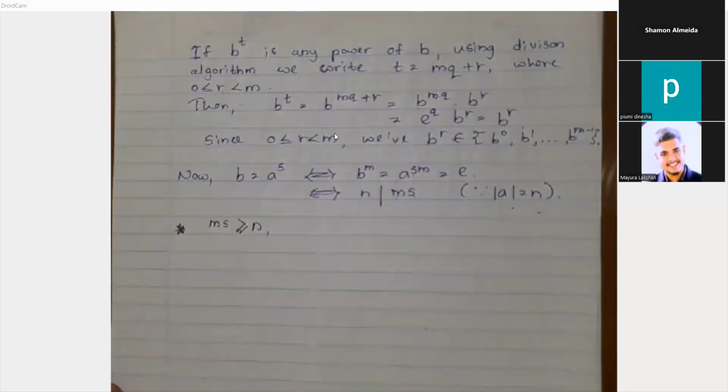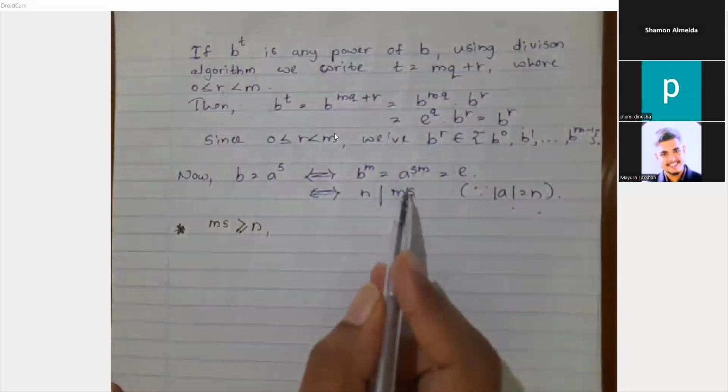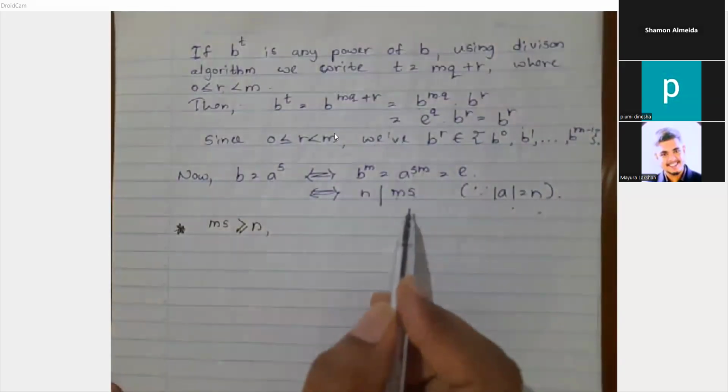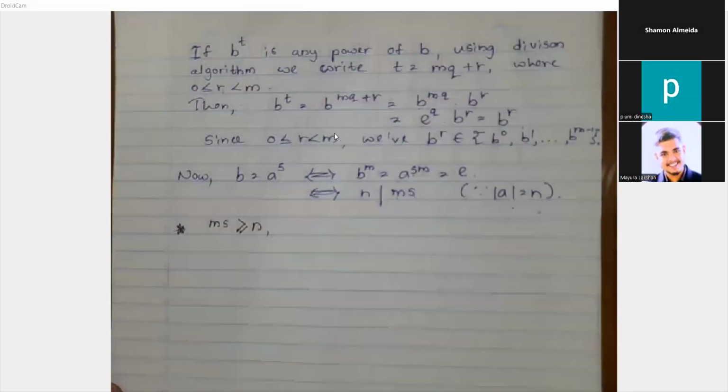Once again, in order to see why n divides ms, we will use the division algorithm on ms and n. Now, ms is a number that is greater than or equal to n.